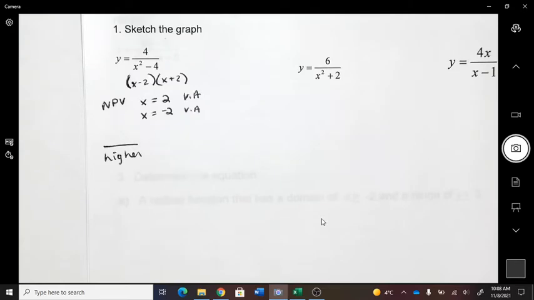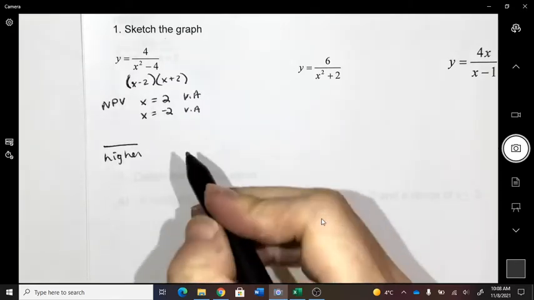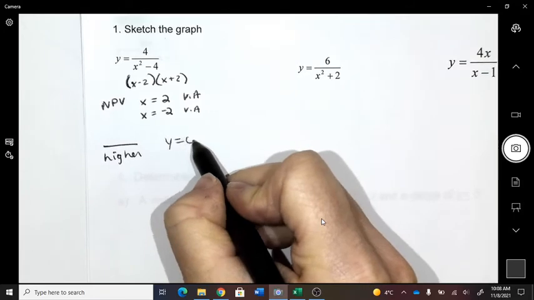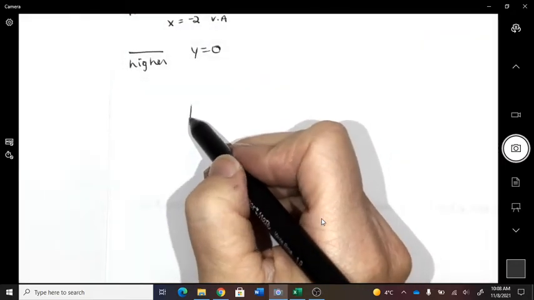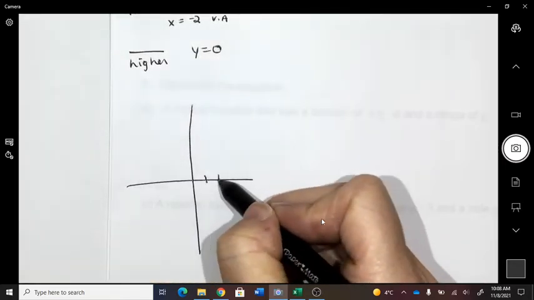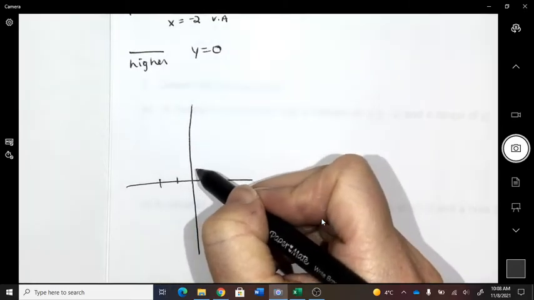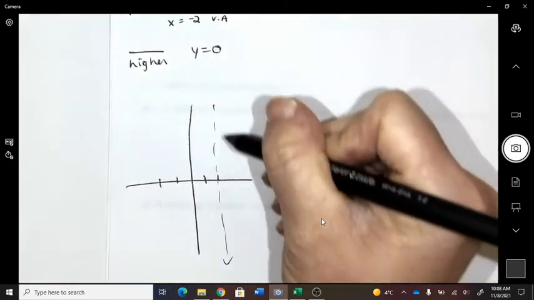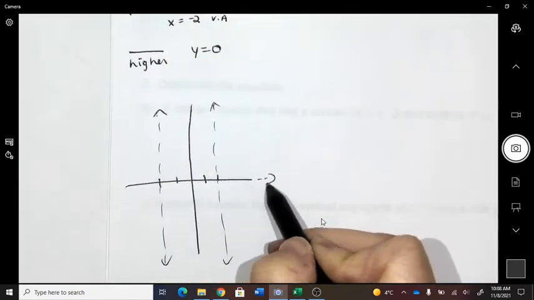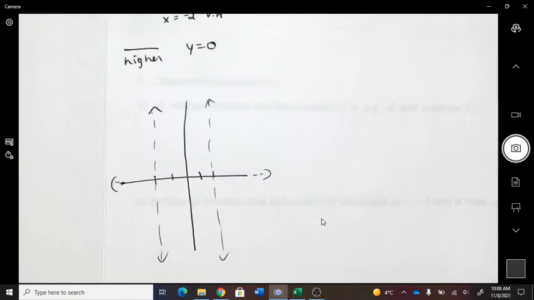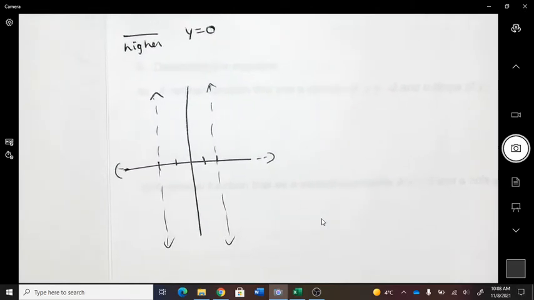When your number on the bottom is getting bigger and bigger and bigger, we are getting closer and closer to 0. Okay, so we have 3 asymptotes going on our graph.